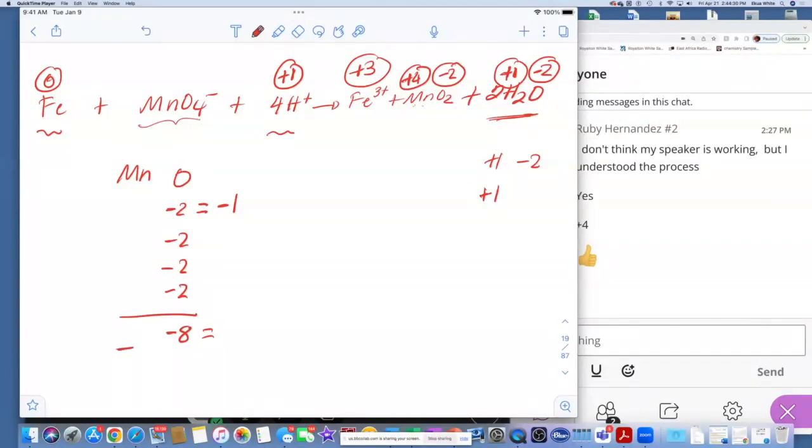Whatever Mn is, when you add it to minus 8, you must equal minus 1. So doing the math, plus 8, we end up with plus 7. So Mn by itself has to be plus 7. So over here, Mn has to be plus 7, right? And then each oxygen has to be minus 2, so the overall can be minus 1.